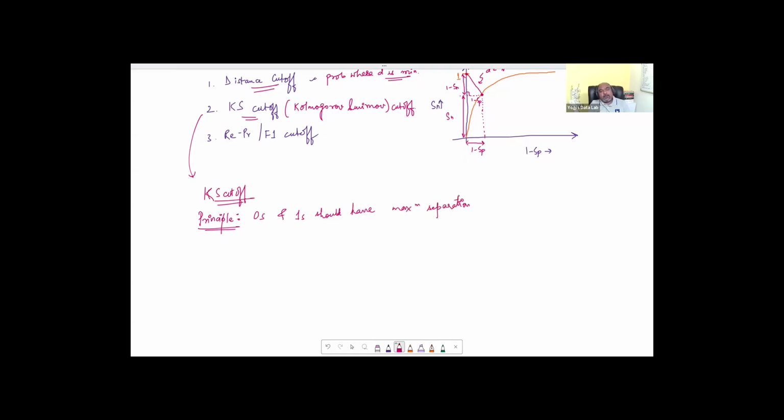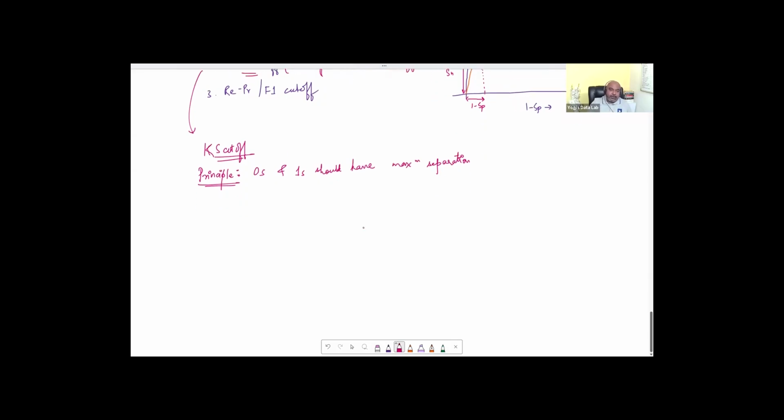So first, let us look at the mathematics of how it is done. Let's say I have 1000 rows of data, with 700 zeros and 300 ones. This is the data that I have.